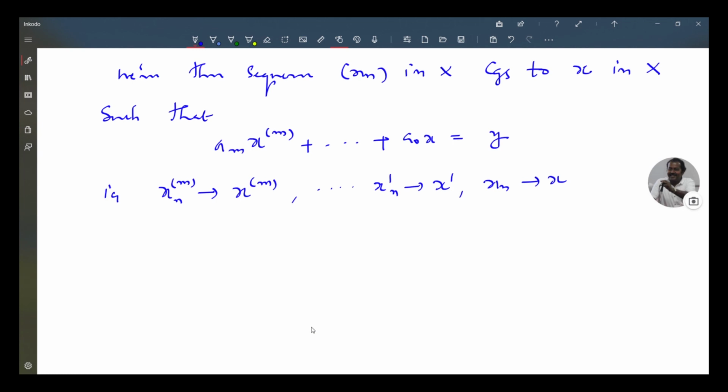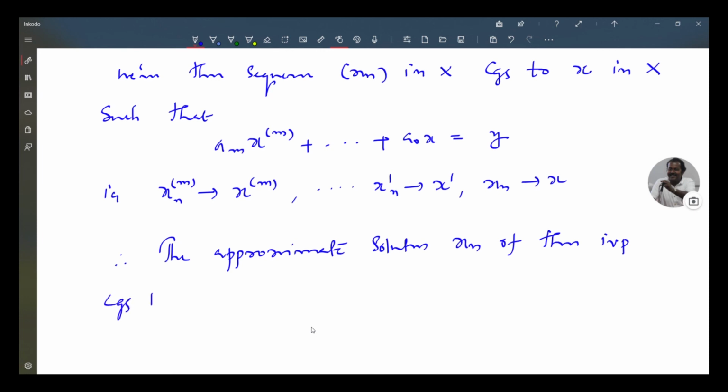Therefore, the approximate solution x_n of the initial value problem converges to the exact solution x in X uniformly on [a, b]. Here it is actually on [0, 1], so this is true for [a, b].